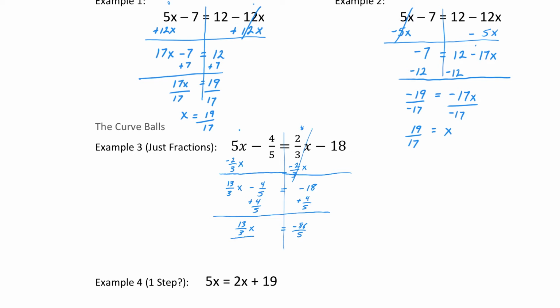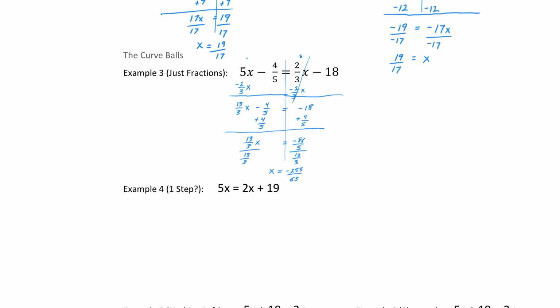Again, it's ugly, but we divide by the number in front of x. And again, I'm going to press pause and click this in my calculator. Thank goodness for calculators. The answer ends up being x equals negative 258 over 65. It's ugly, but it works.